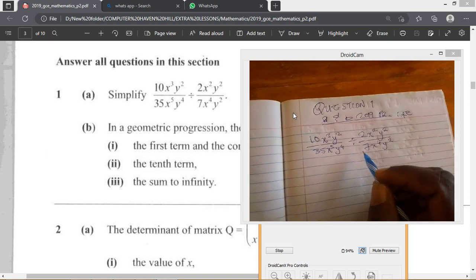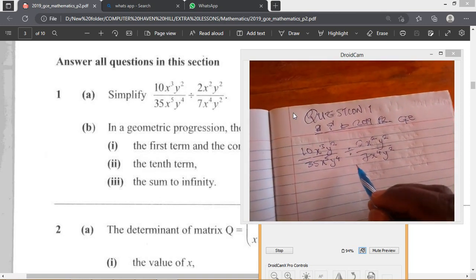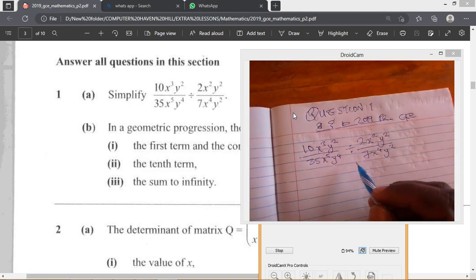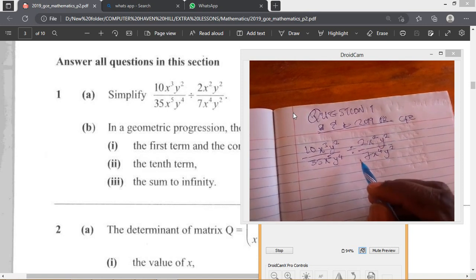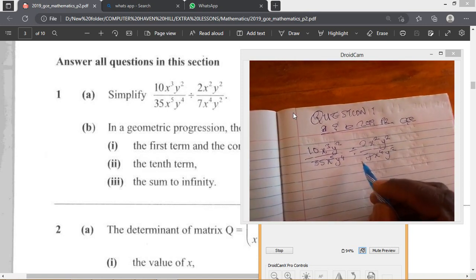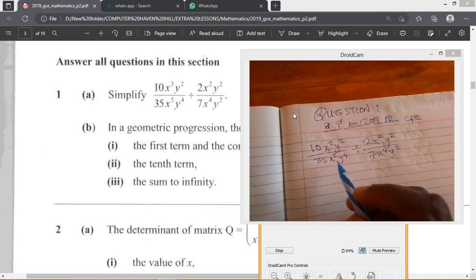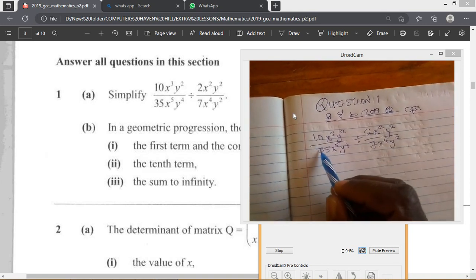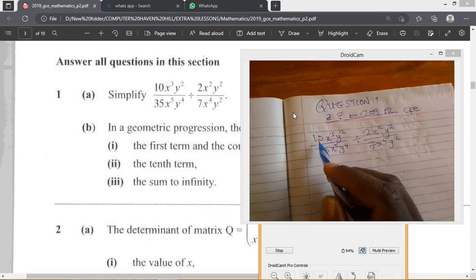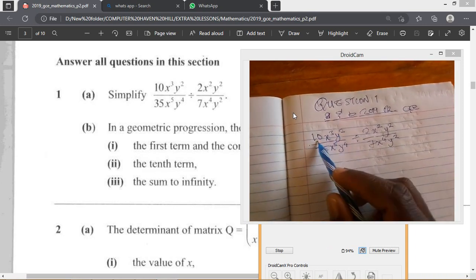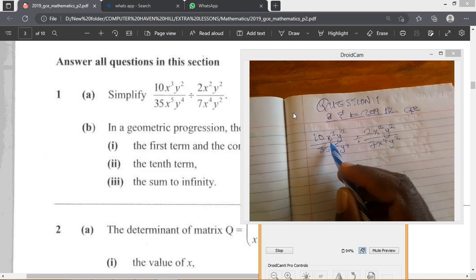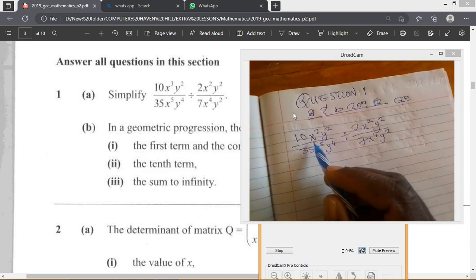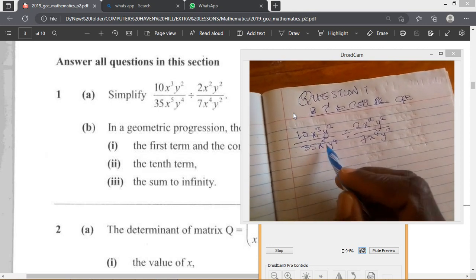If a question like this comes, I want you to know that you can work with it using different ways. The first thing to think about is that according to the rules of indices, when you are dividing numbers of the same base, you just subtract the powers.